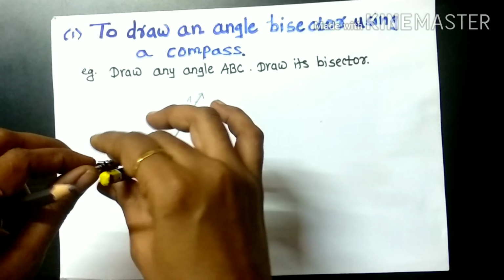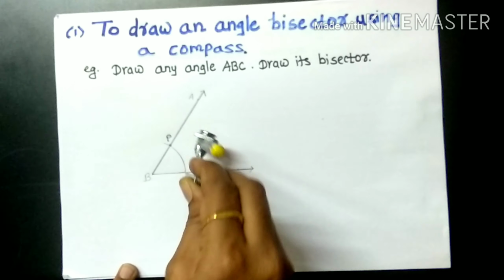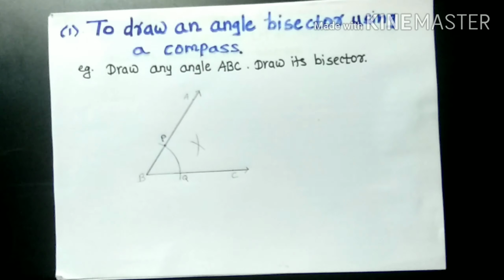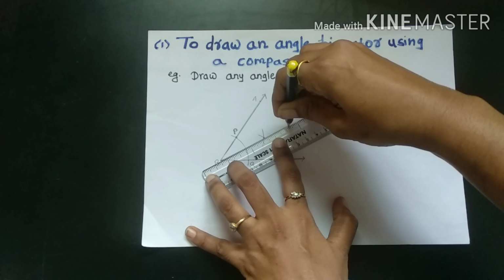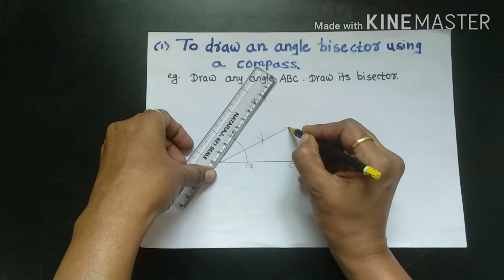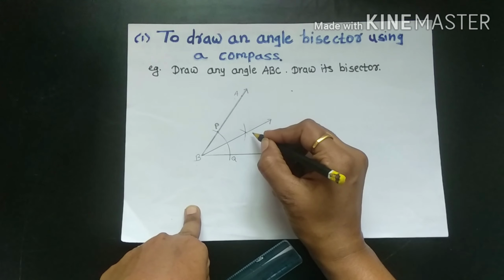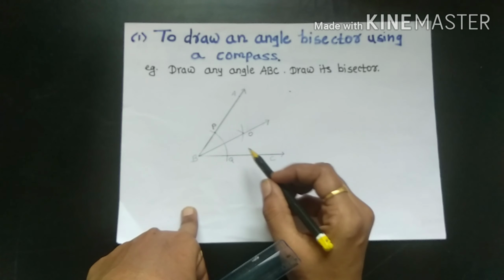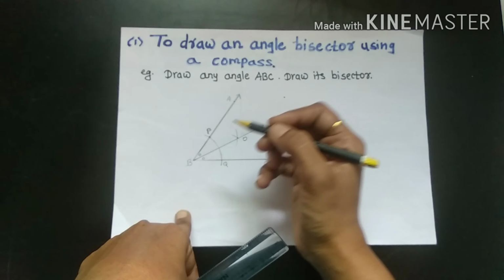Using the same distance, draw another arc inside the angle from the point Q. Now, draw ray BO. Ray BO is the bisector of angle ABC. Measure angle ABO and angle CBO and see, are they of equal measure?